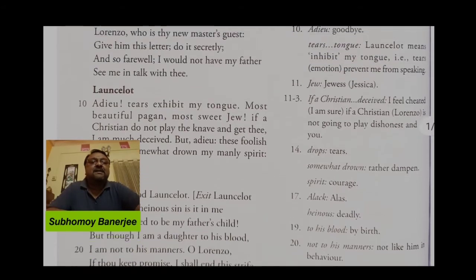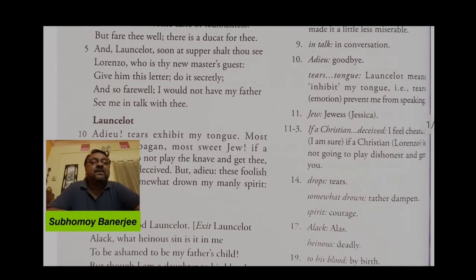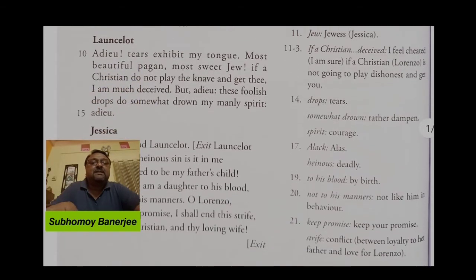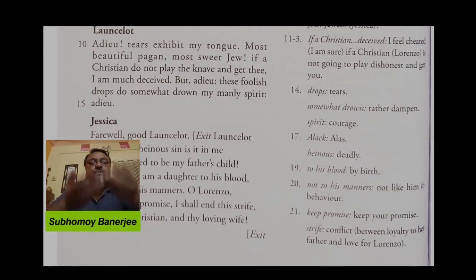Now see here, the explanation is already given. Lancelot means inhibit my tongue. Tears are actually emotions. They prevent me from speaking. That is what he means to say. So with tears, I want to express how bad I am feeling that I am leaving you. I am going away like this.